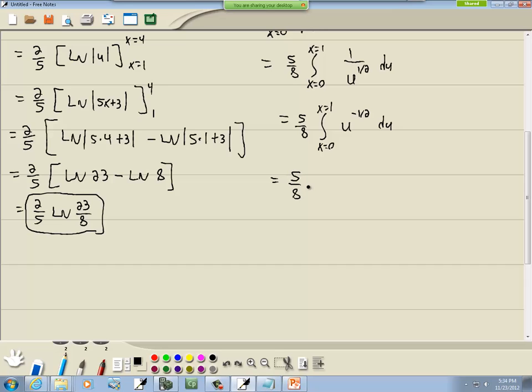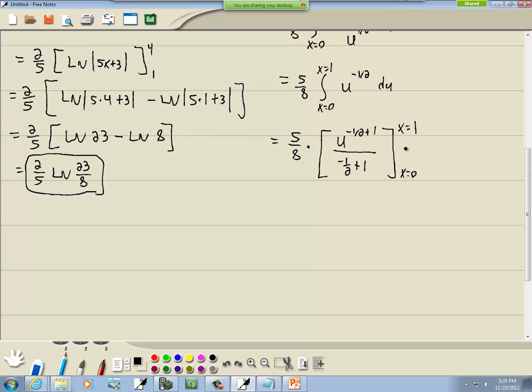Okay, now I'm going to add 1 to my power, divide by my new power. So u to the negative 1/2 plus 1 over negative 1/2 plus 1. Which gives me 5/8 times u to the 1/2 over 1/2.